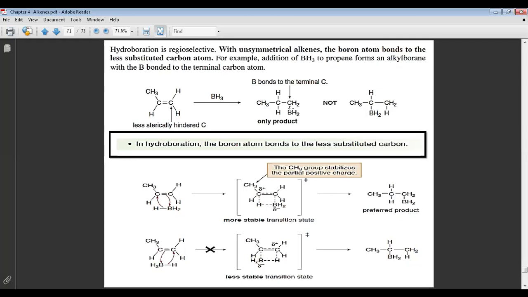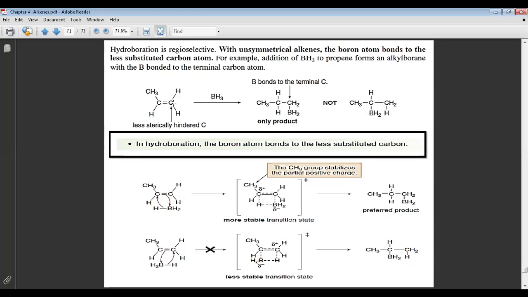That means the BH2 will bond to the less substituted carbon atom, the carbon with more hydrogen atoms. Now we have BH3 here: the hydrogen will come to here, and the BH2 here. It is exactly the reverse of the Markovnikov rule.